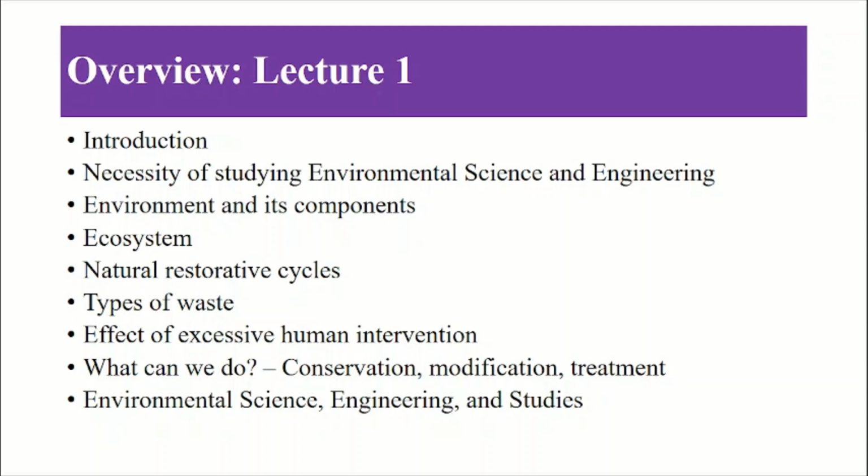So then the term environment was defined, along with its components. Its components are either biotic or living components, or abiotic or non-living components. This interrelationship of these biotic and abiotic components then constitutes an ecosystem.